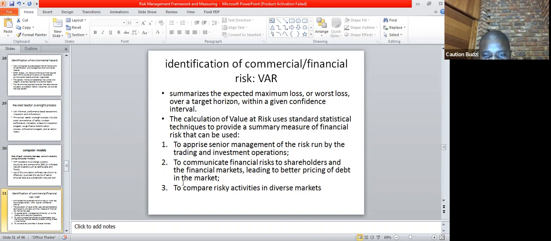So the calculation of value at risk uses standard statistical techniques to provide a summary measure of financial risk. So the different risks are measured in terms of the financial effect, and this measure is summarized into one figure, which is called the value at risk.